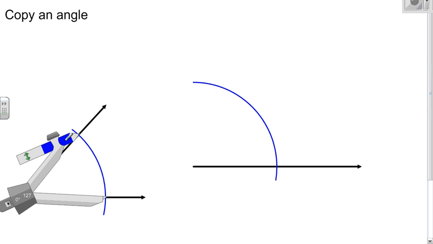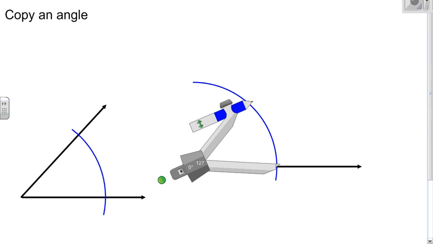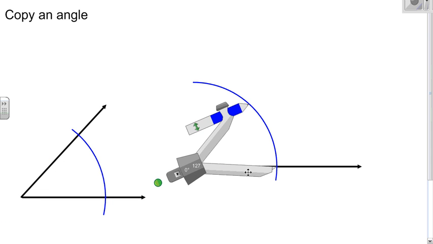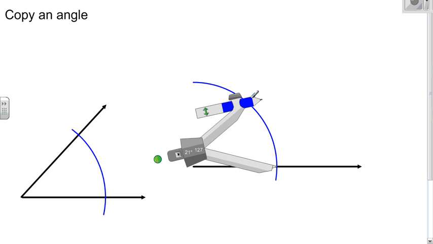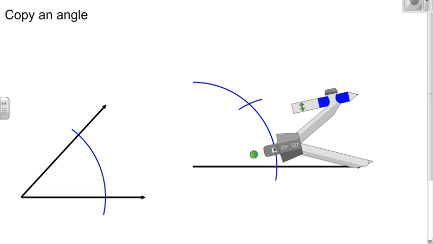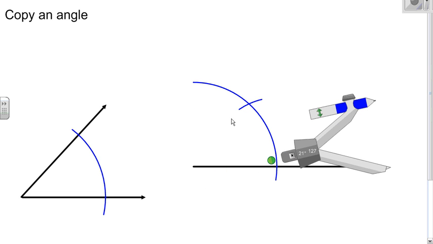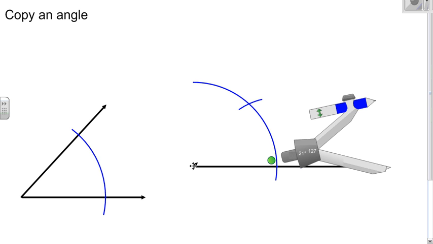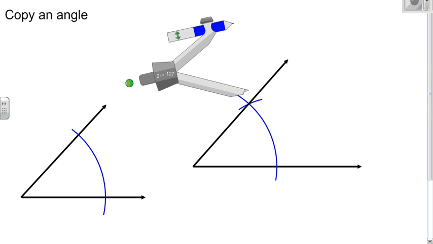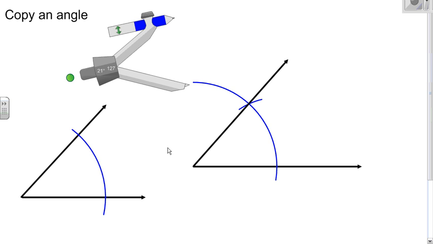Once you have that distance marked, come make that same mark on your copy, and that will show you where your second ray of your angle needs to pass through. And then just use your straight edge to go from the vertex through the intersection of those arcs. And that is a replica of the original angle.